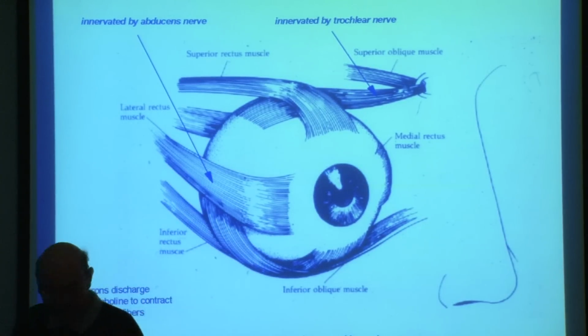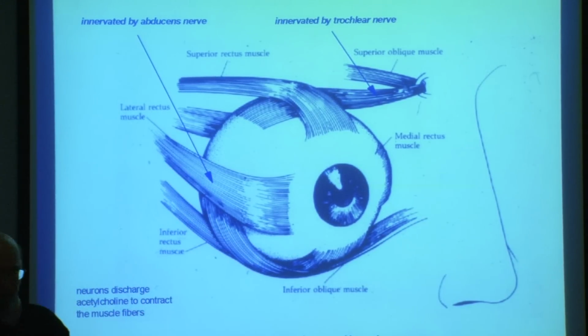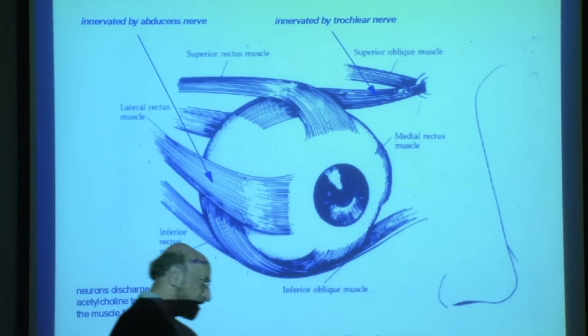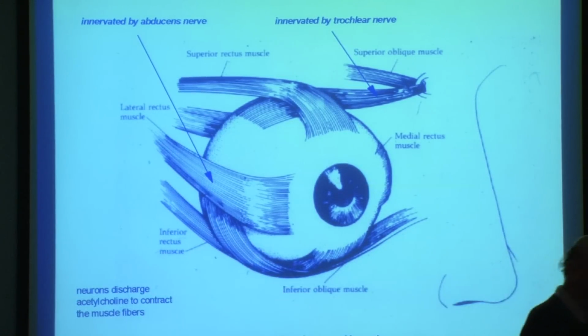So you have these three. Oculomotor is the third, trochlear is the fourth, and abducens is the sixth. So it's these three nuclei, with note again that the oculomotor has subnuclei that innervate these muscles.